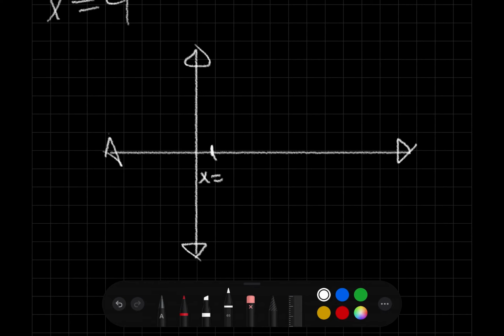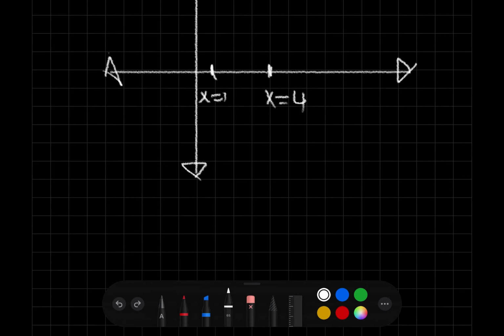So here's our point x equals 1, and here's our point x equals 4. I want to prove to you that somewhere in that region, I'm going to touch the x-axis.